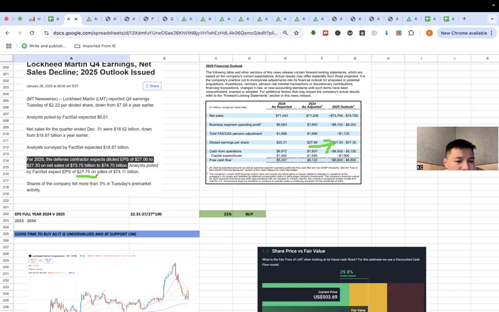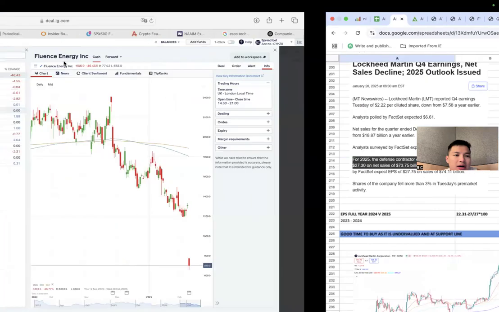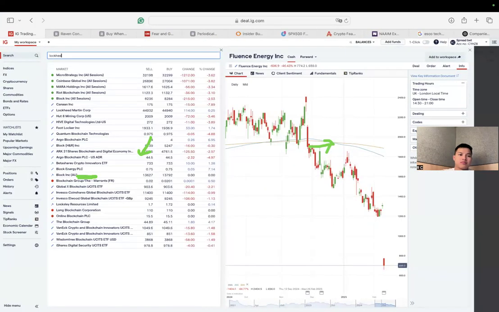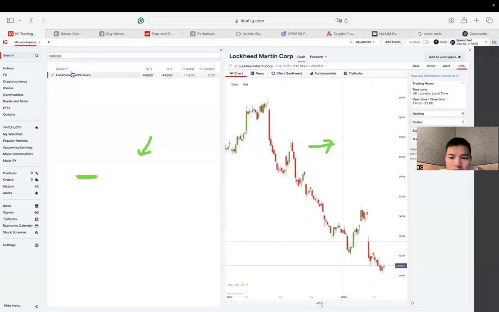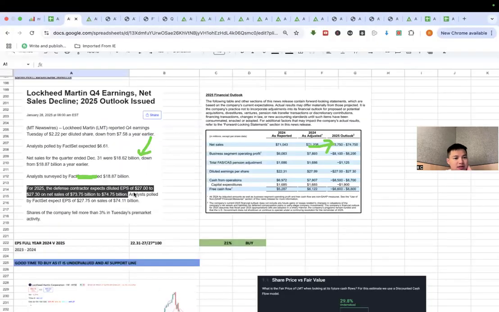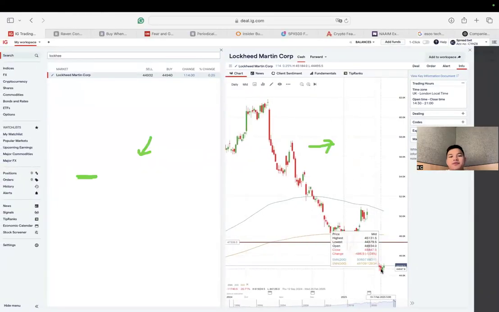Analysts expect 27.75. They are only giving 27. So it's supposed to be dropping. Lockheed Martin is supposed to be dropping. Like that. Since when? Since February 28th. Yeah, supposed to be dropping.